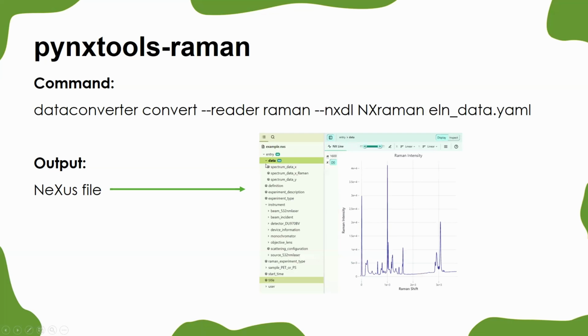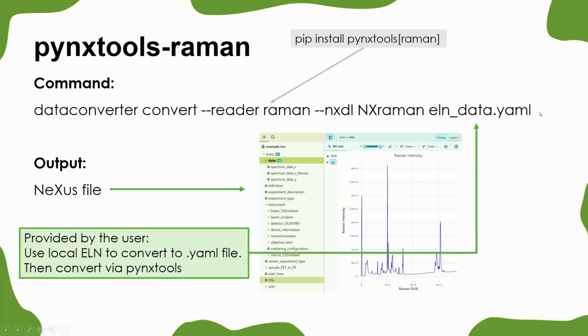You can also do this for the Raman data. The command would look like this. You again have to install the pynxtools Raman plugin with this command, and instead of ellipse, you put in Raman. And then this should also convert this data, and you should have this output. And just as a final note, the most important thing is this ELN data YAML file.